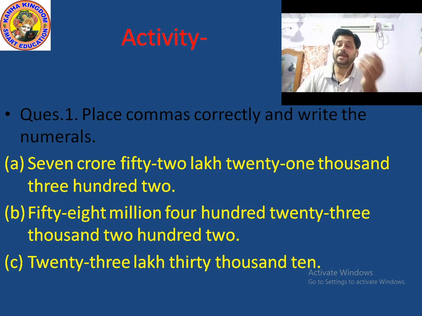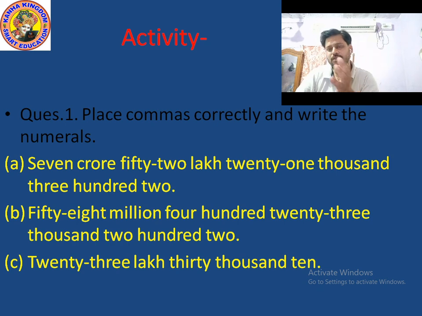Three periods, and all are seen here very clearly. Ones period is here, thousand period is here, and lakhs period is here. So you can write the answer in a very easy way.